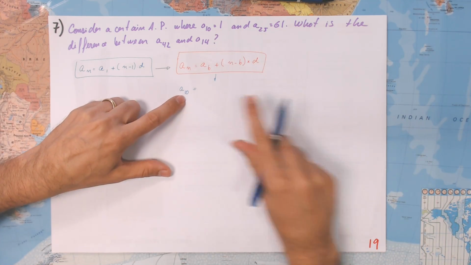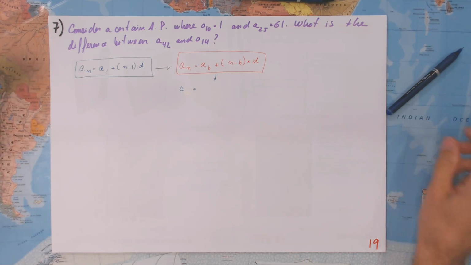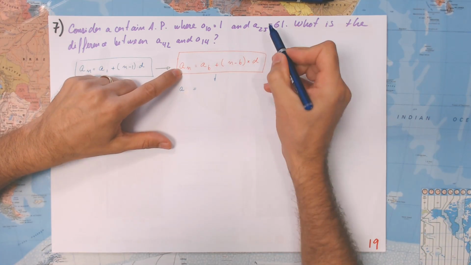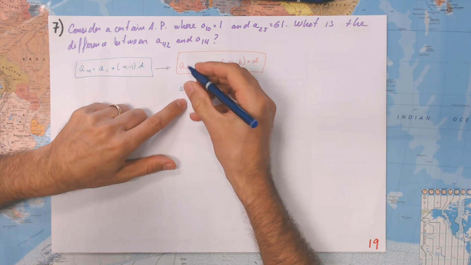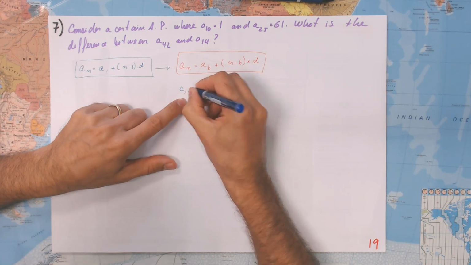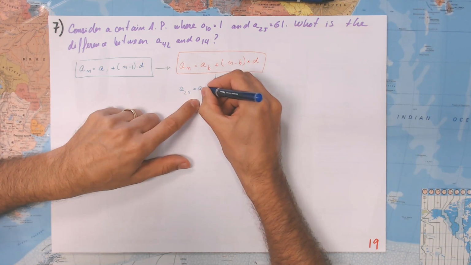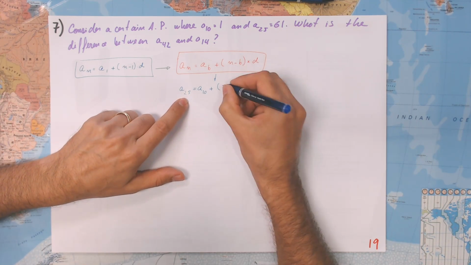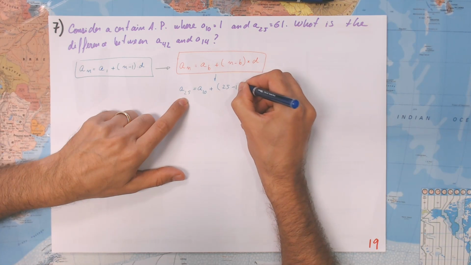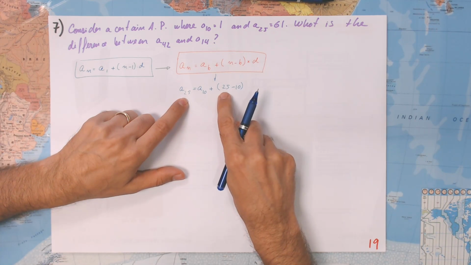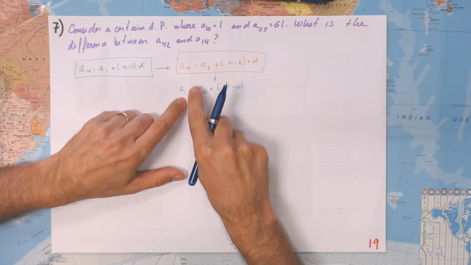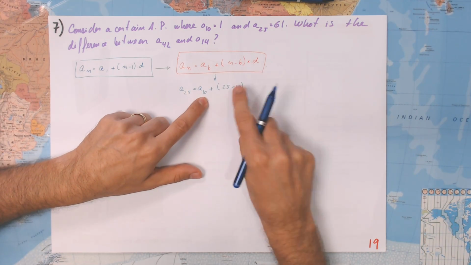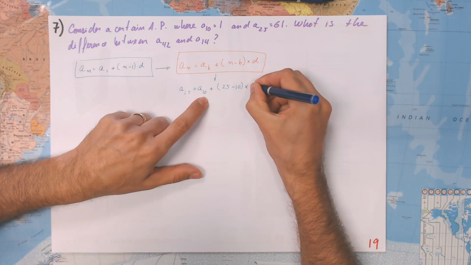Of course, this is the biggest index, 25. So a25 is going to be a10 plus, now this is going to be 25 minus 10. Are you following me? Agree? n is 25 and b is 10, and times d.